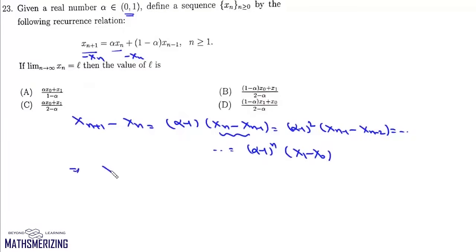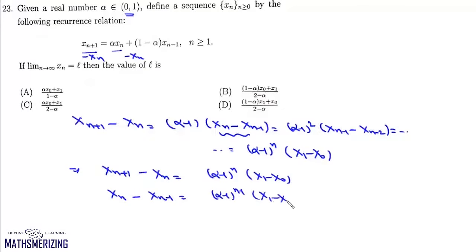So we can write x(n+1) minus xn will be (alpha minus 1) to the power n into (x1 minus x0). In the same way xn minus x(n-1) will be (alpha minus 1) to the power n minus 1 into (x1 minus x0), and finally we'll get x1 minus x0 as (alpha minus 1) to the power 0 into (x1 minus x0).